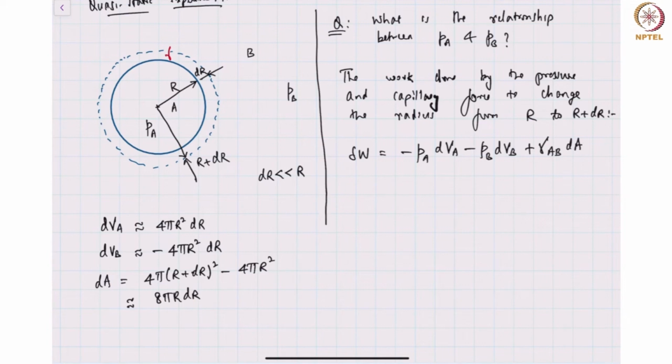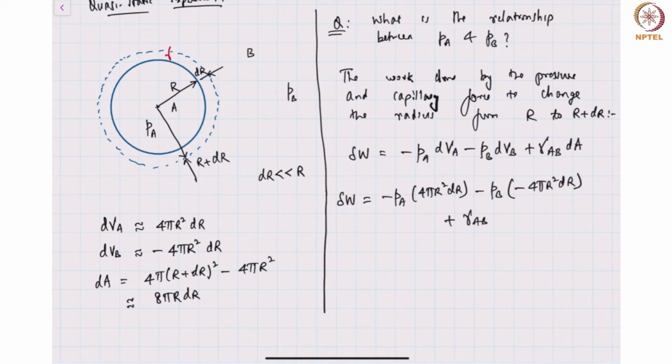Having calculated all this, we can now substitute this into the work. So I have minus PA times 4 pi r square dr. Then I have minus PB with a negative sign now, 4 pi r square dr. And finally I have gamma AB times 8 pi r dr. So that's the expression for the work done.